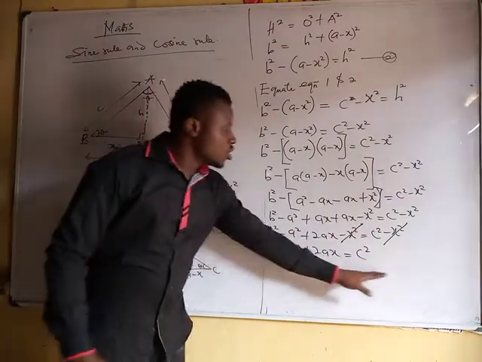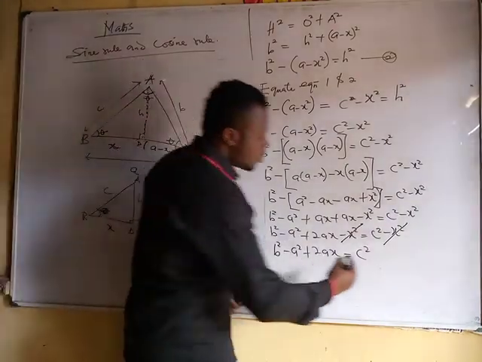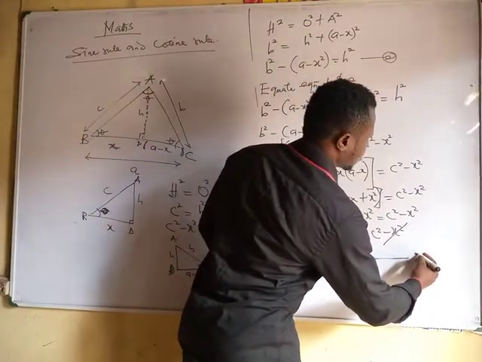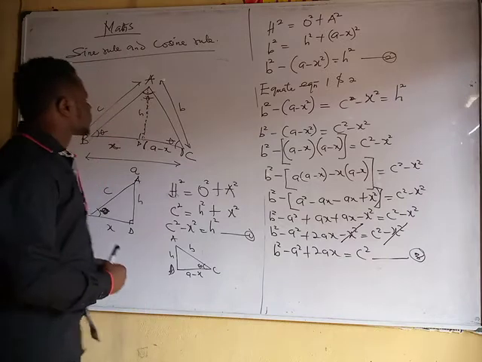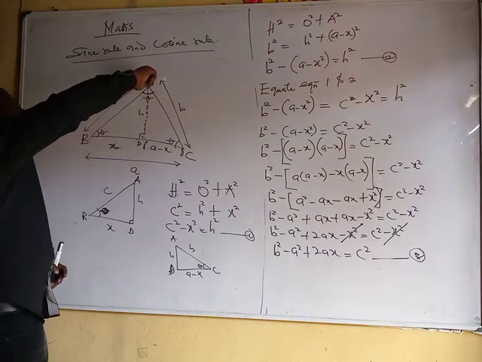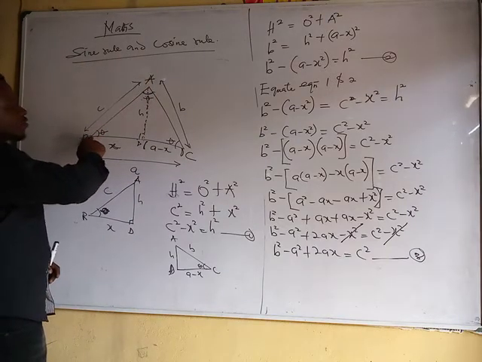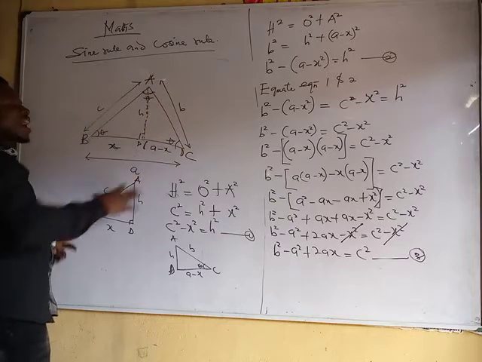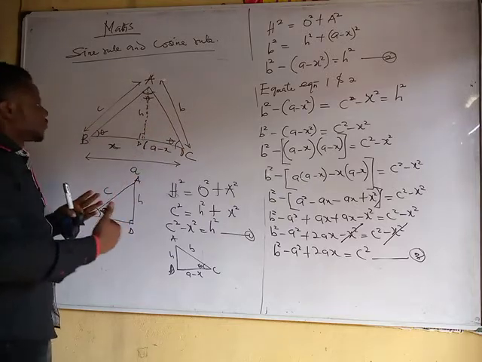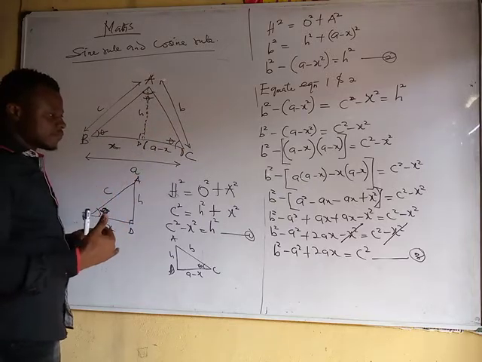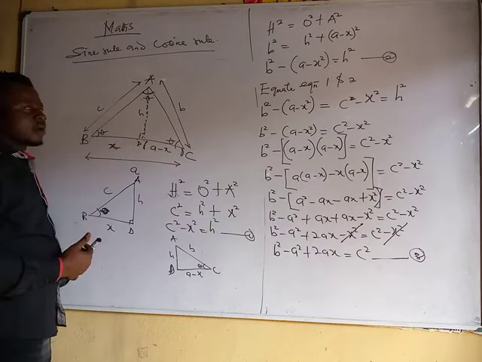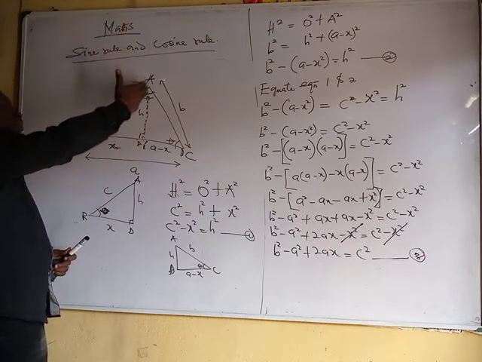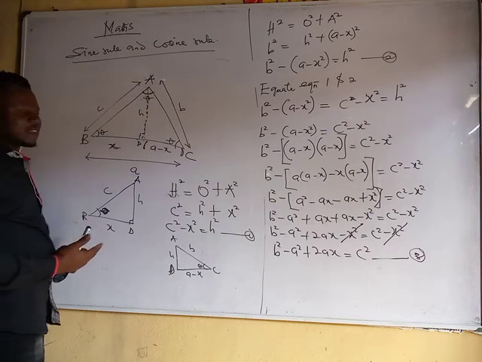Now looking at this equation, let me call this one equation 3. Looking at this equation, you can either know from here to here, from here to here, from here to here, as the sides of A, B, and C. In this case, we don't actually know from here to here. Remember, I said that we did not divide this thing into 2 equal parts.